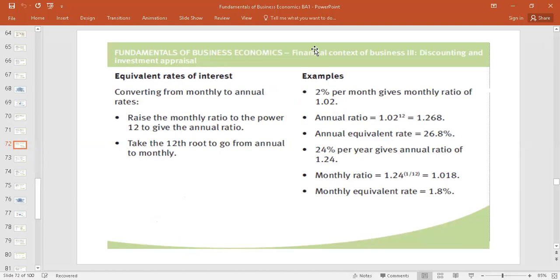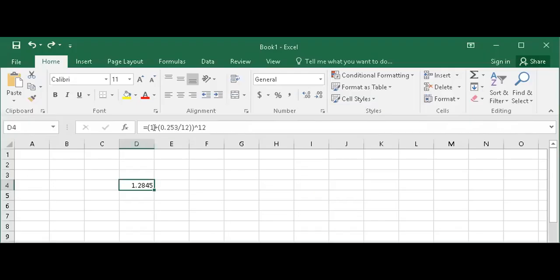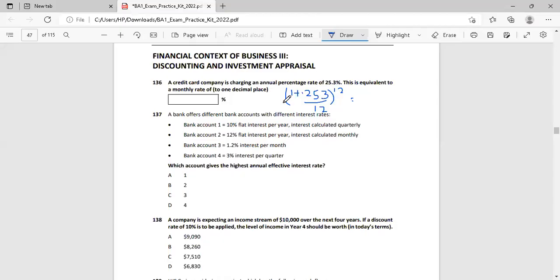I also tried it in an Excel sheet. The calculation is 1 plus the interest rate divided by 12 to make it a monthly rate, whole to the power of 12. Sometimes we don't get the logic clearly. The credit card company is charging an annual percentage rate of 25.3%, so it is 0.253.